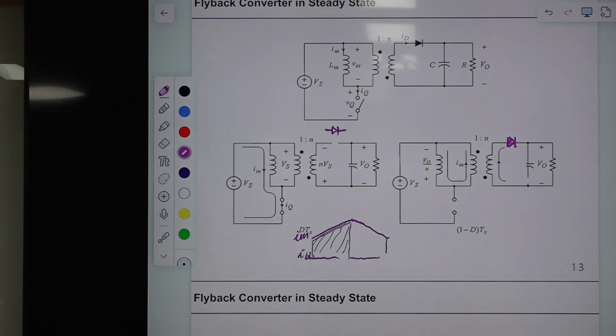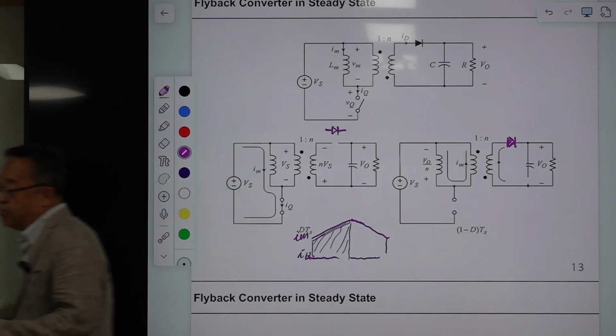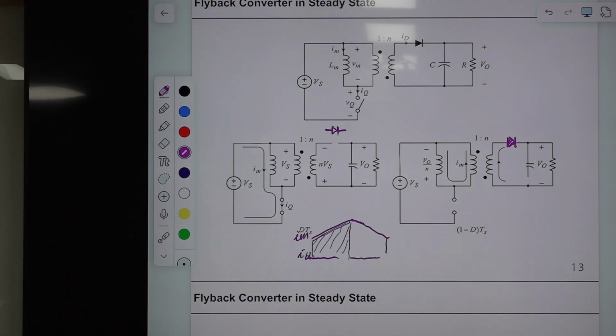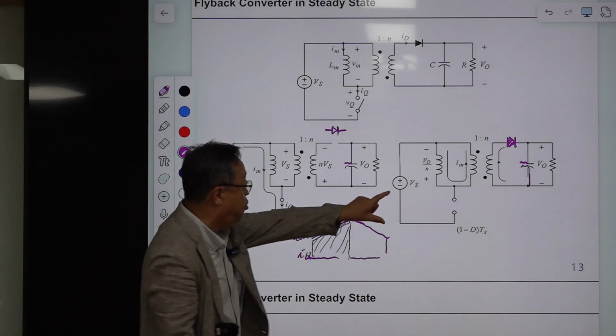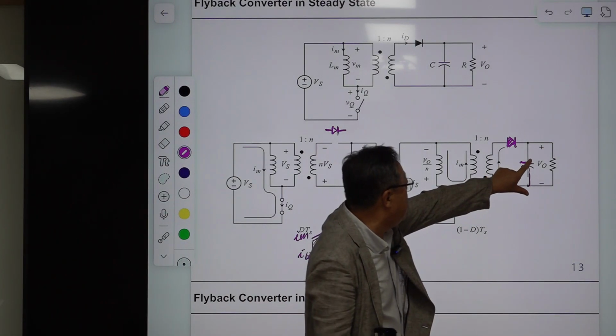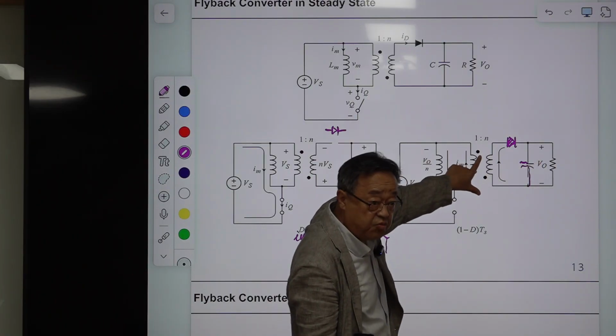Then something was wrong. This should be connected. And this is a capacitor. Then there is some finite voltage here, Vo, a fixed voltage. That voltage is reflected through this ideal transformer.